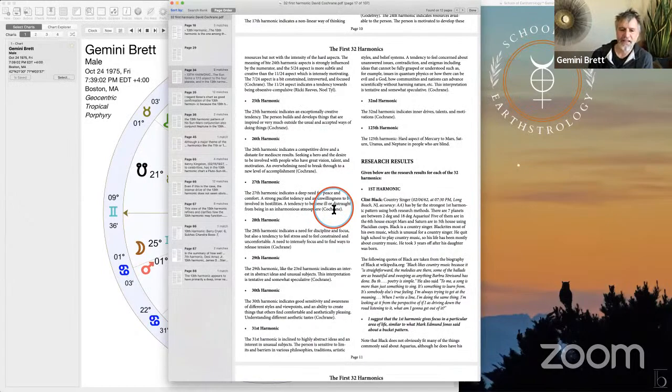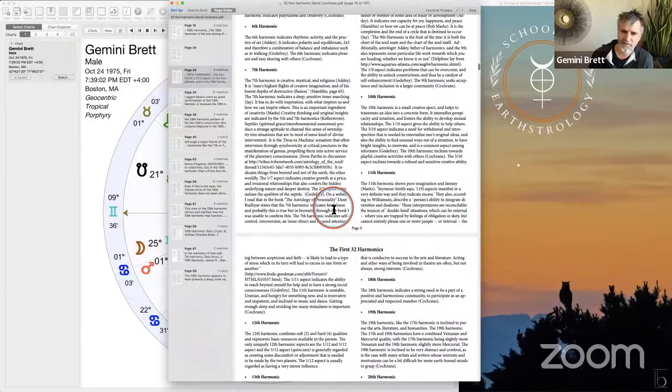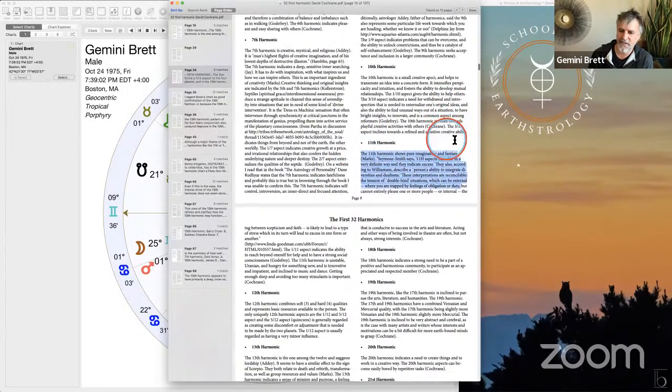What a drag. However, I can go look at the 11th, right? The 11th harmonic shows pure imagination and fantasy, according to Marx. Come with me and you'll see a world of pure imagination.